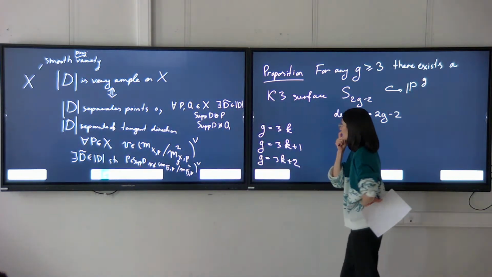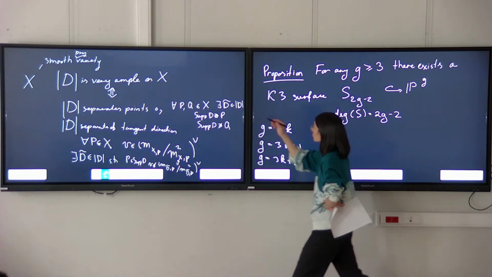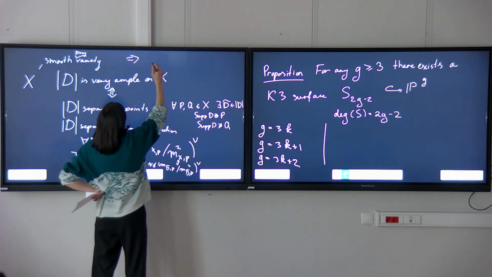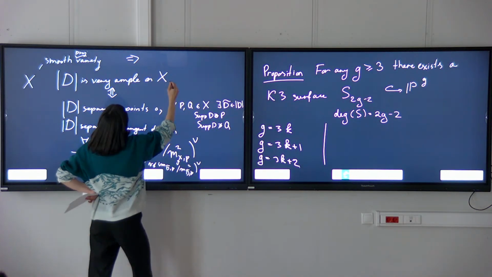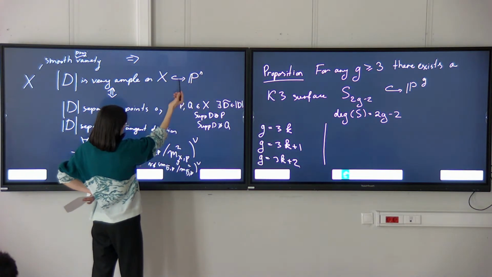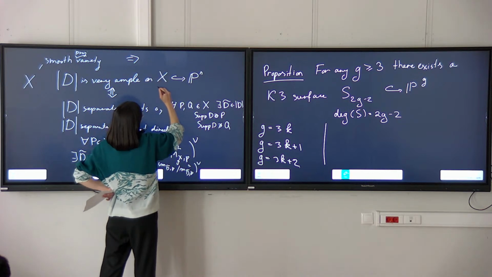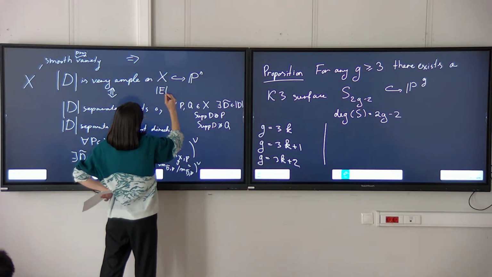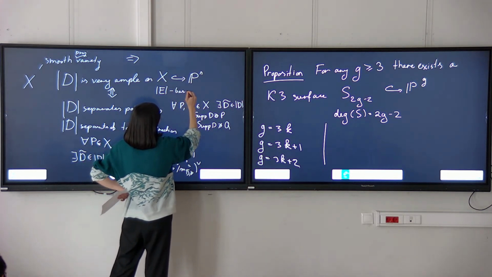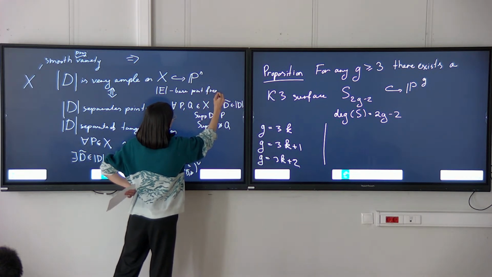And from this, what can we deduce? If our X is inside P^n, we can restrict the hyperplane section to X, and suppose that there is a linear system that is base point free.